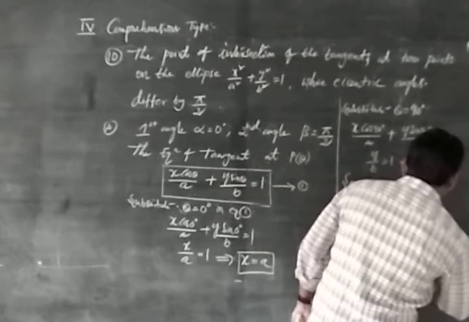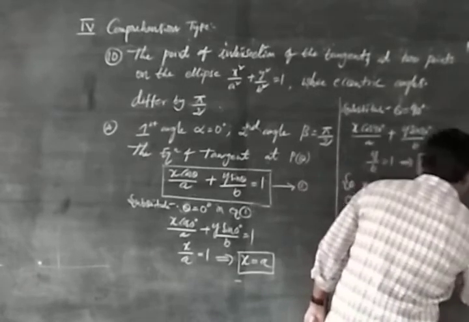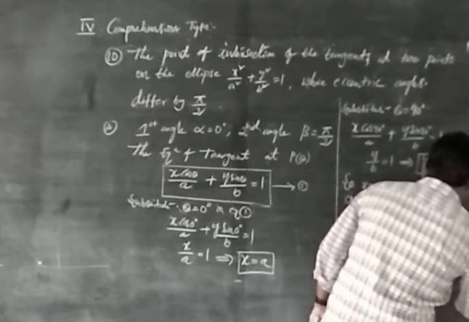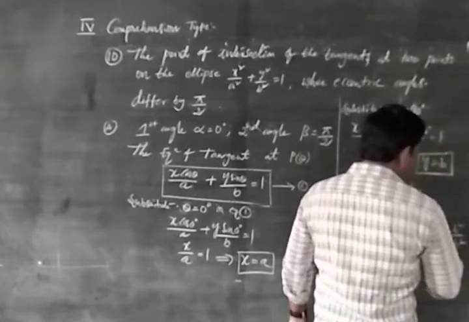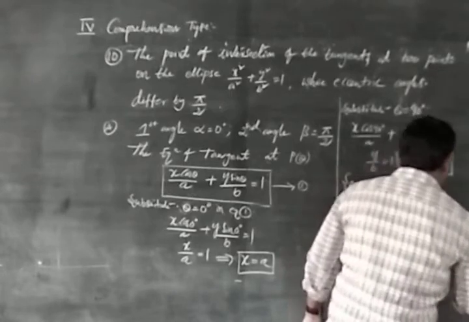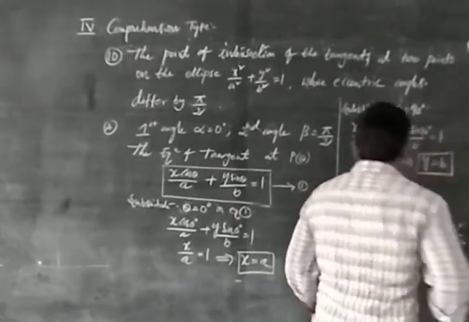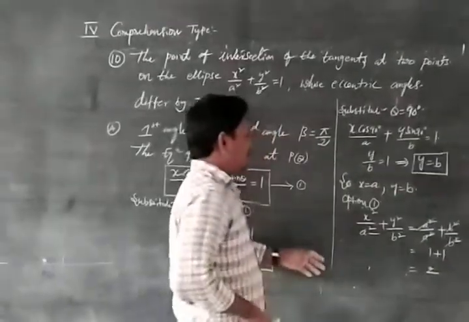That means a square by a square, plus, what is the y value? b. b square by b square. That means a square by a square is 1, b square by b square is 1. 1 plus 1 equal to 2. So the first option is correct.